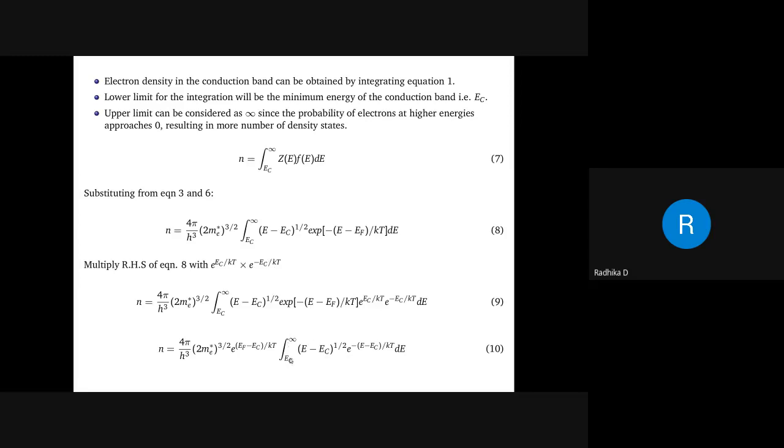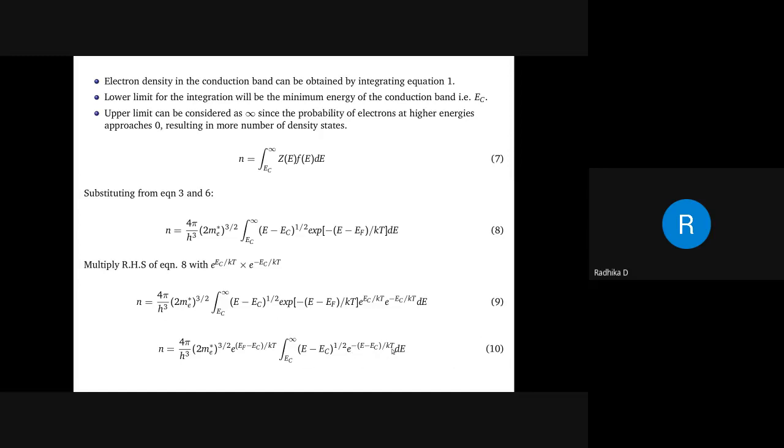Now next, the leftover integral from Ec to infinity, (E minus Ec) to the power of half, e to the power of minus of (E minus Ec) by kT. Where does it come from? There is a minus E by kT in this term, and there is a plus Ec by kT here. I make it as minus of minus Ec. Plus x is like minus of minus x, the same way. And again I combine and write it.